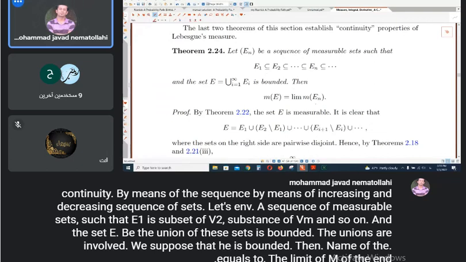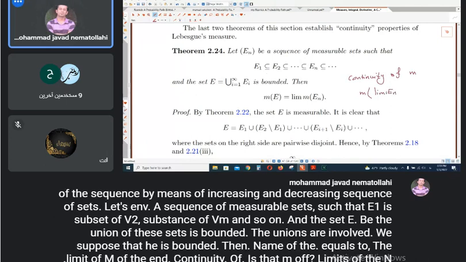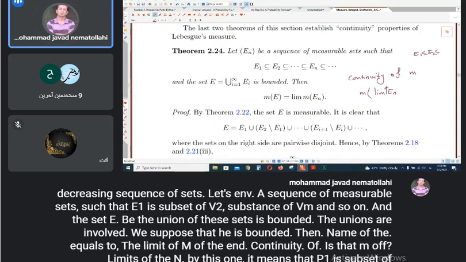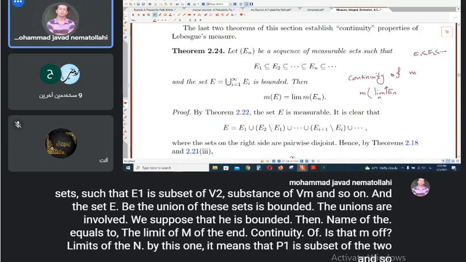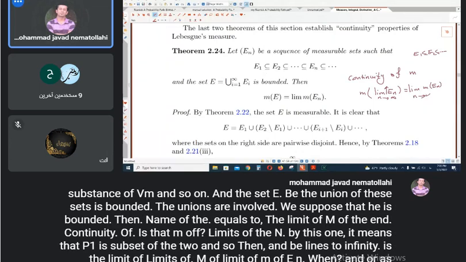This is the continuity of M. Continuity of M says that M of the limit of E_n, by this one it means that E_1 is a subset of E_2 and so on, is the limit of M of E_n as n tends to infinity.